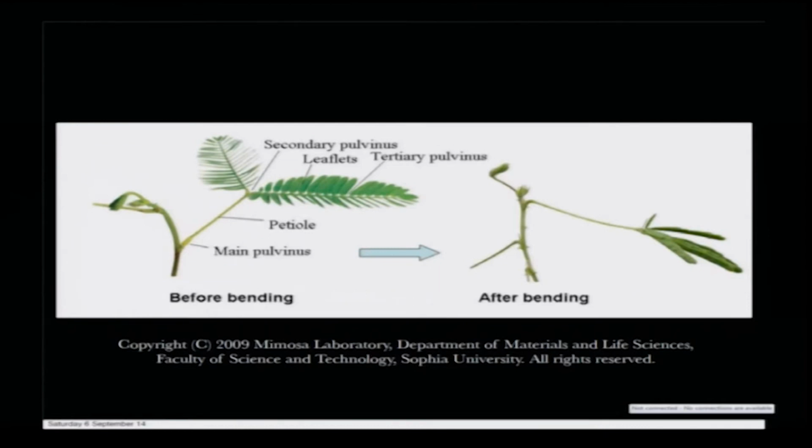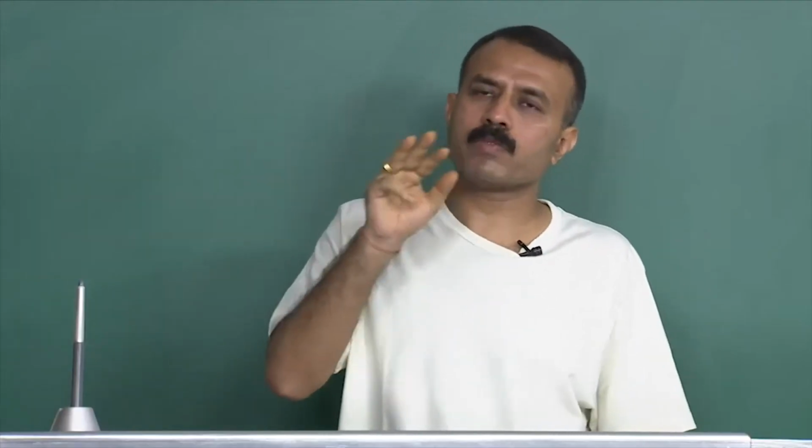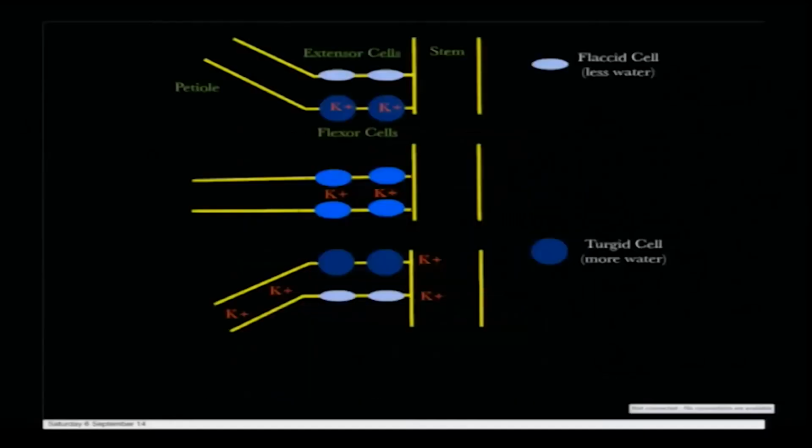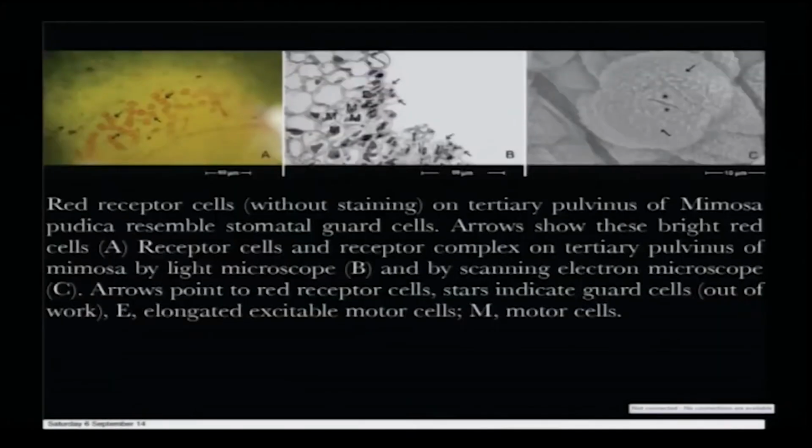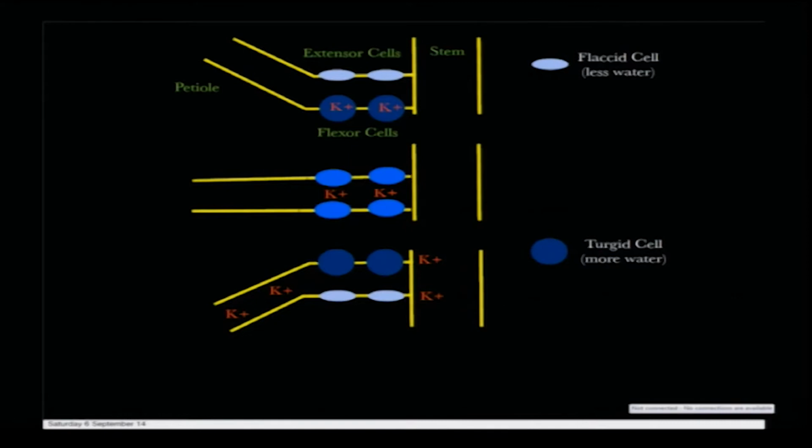On those pulvinus we talked about how to place electrodes at different levels, and there are two specific kinds of structures, one which is called the sensor, and we talked about the sensor structures out here. These are the sensor red receptor cells, and you have a series of cells here which we call extensor and flexor cells, kind of the motor neurons, their counterpart in the animal kingdom.